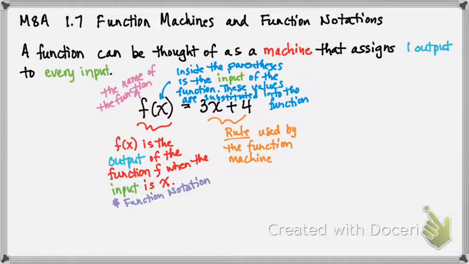Okay, so what I'm going to do is give you an illustration and just kind of draw out a funky picture. And we're going to take f at 2 and f at -1 using a function machine. So we're going to use f at 2 and f at -1 in the function machines.